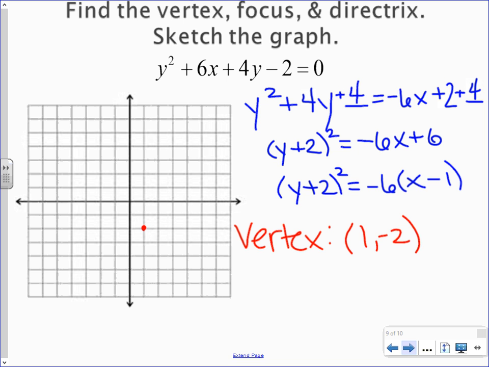So 1, negative 2. Will, you mentioned which direction this opens. Specifically, we know horizontally, but which direction is it going to open? To the left. Okay, this is opening left.